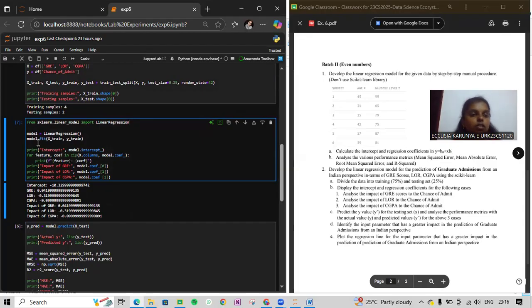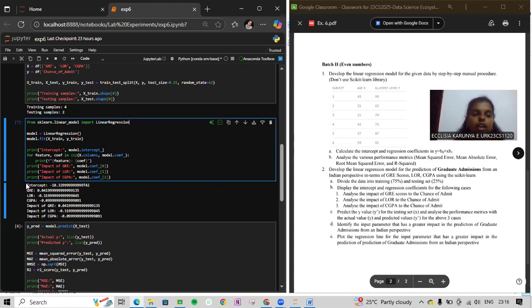Here, first of all, we are saying that model is equal to LinearRegression. Then model dot fit of X underscore train and y underscore train. Then we are going to print the intercept, which is model dot intercept. Then for finding the impact of GRE, LOR, and the CGPA value, we look at the coefficient of these three to know its effect.